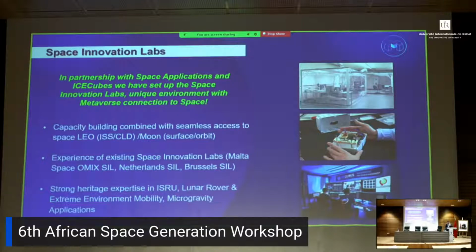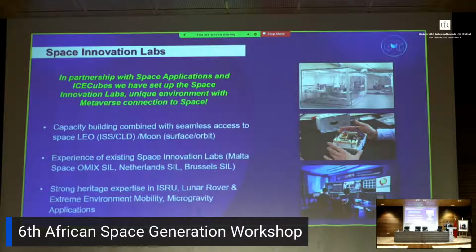That's how we integrate metaverse technology to space, and that's how we create a space capacity building, not only in our country, let's say Morocco or Saudi Arabia, but anywhere, because we are currently building multiple Space Innovation Labs in different countries. We are currently building 3 Space Innovation Labs in Saudi Arabia. We are also building another Space Innovation Lab in Malta, and maybe, who knows, we'll have the next Space Innovation Lab in Morocco.